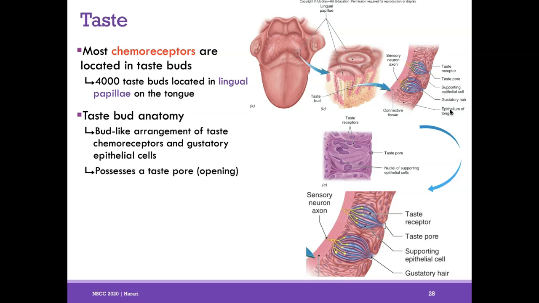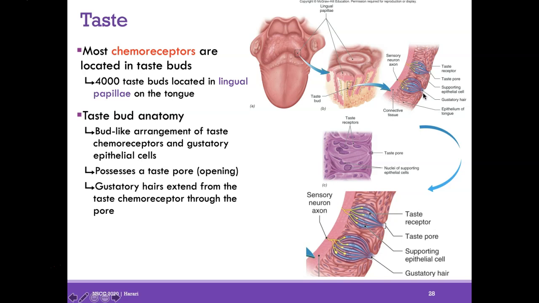There's a taste pore on the epithelial surface of the tongue. This is a taste pore, and that's a small pit where certain tastants, that's a chemical stimulus, can go through the taste pore and interact with a gustatory hair that extends from the chemoreceptor through the taste pore.